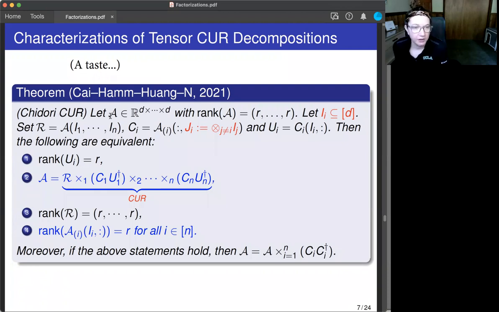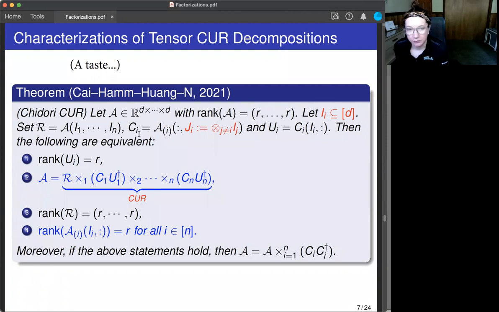We begin with a tensor A, which is d-dimensional in each mode, and assume for simplicity that it also has rank R in each mode. Then just like in the CUR, we're going to be selecting columns and rows. So select some indices, capital I sub I, for the rows, and then set this row tensor to be A restricted to those indices in each mode.